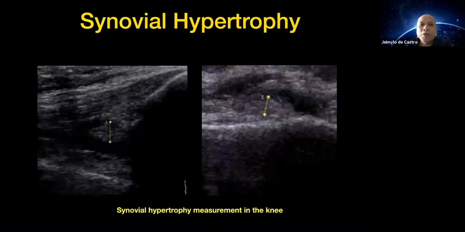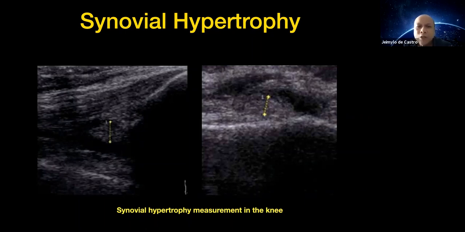Now, this is an example of synovial hypertrophy. You can actually measure it, and so there is a thickening of the synovial lining. Usually, the synovial lining is only one cell layer. That's the normal. So you cannot even measure it. But the moment it becomes chronically inflamed, synovial hypertrophy sets in.